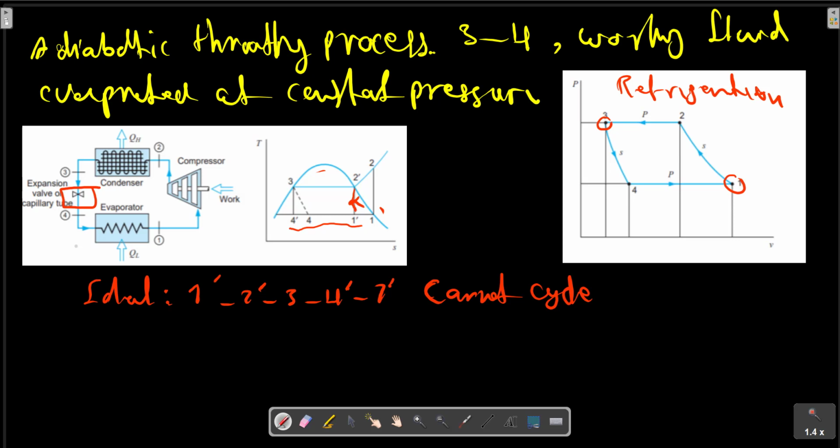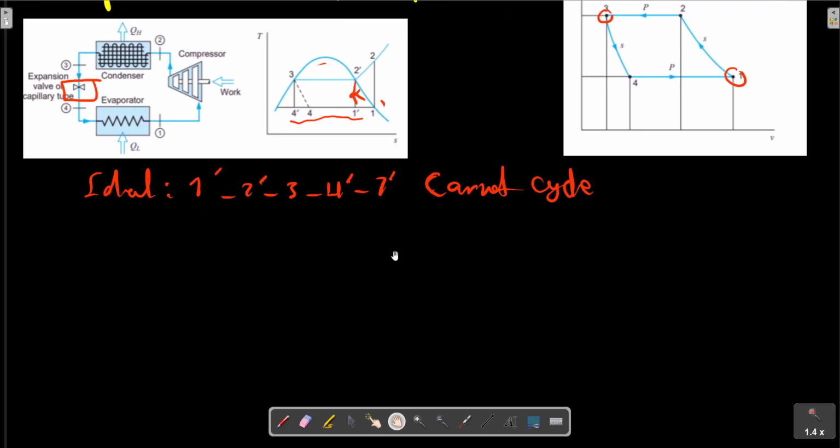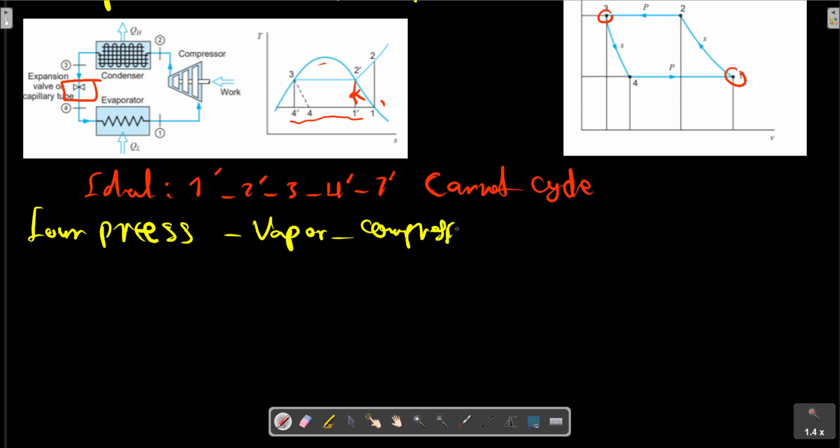The standard vapor compression refrigeration cycle has 4 known processes: 1 isentropic, 2 isobaric, and 1 isenthalpic.